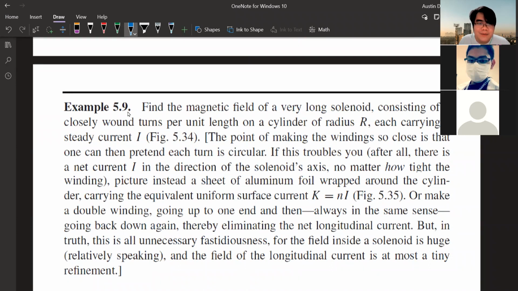Kasi pag hindi siya closely wound, magiging helical, magiging spiral siya. So, if you are going to make it very close to each other, yung each turn mo, magiging circular na siya.